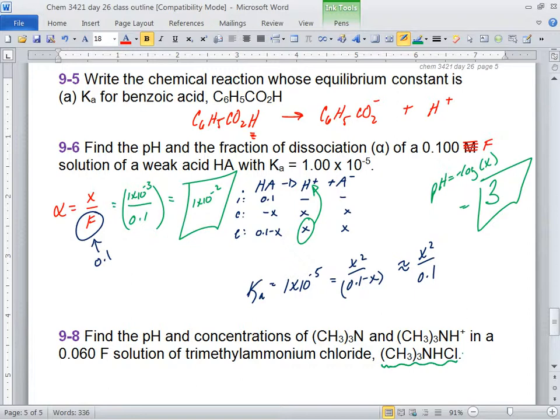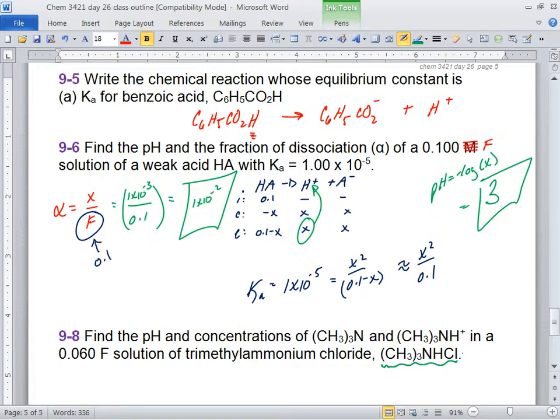Which one? The conjugate acid. Because look at the rest of it. There's no H there, so here's your conjugate base. So they're giving you the conjugate acid.